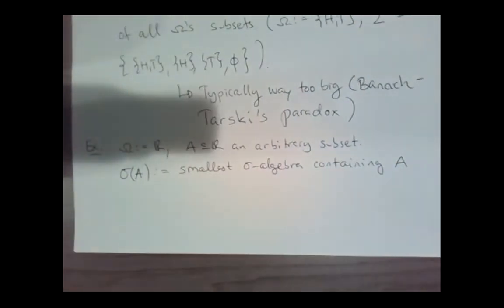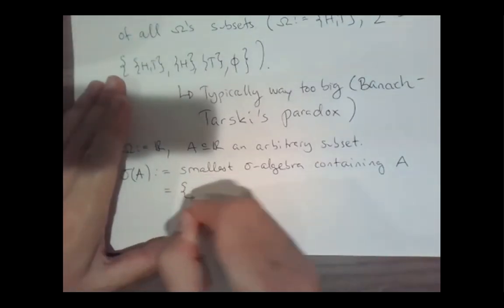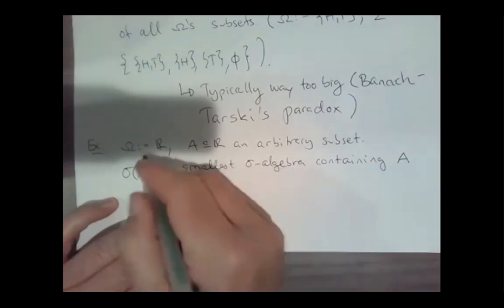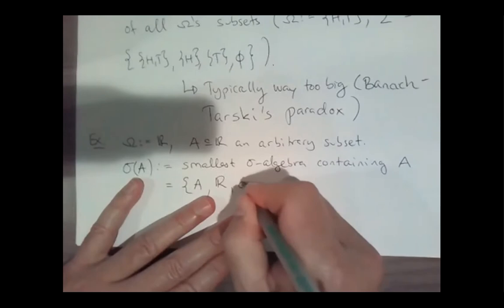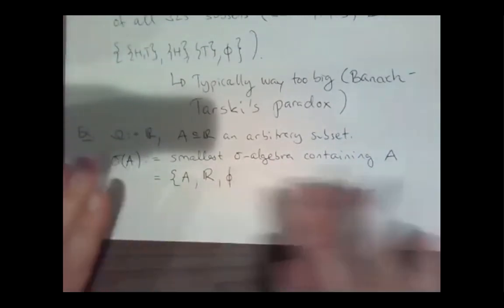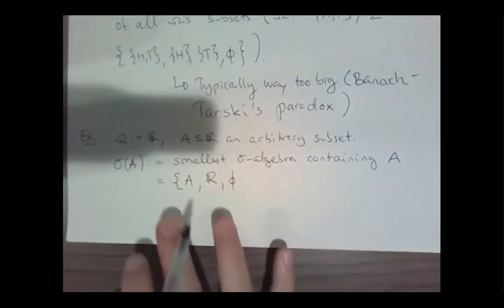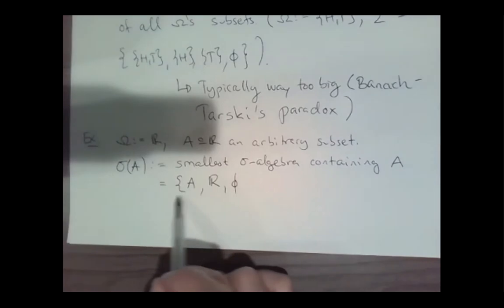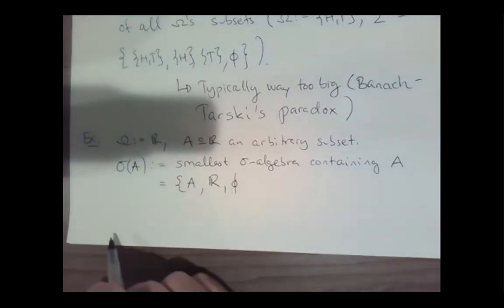Okay, so it's the smallest sigma algebra, so I need to have these three properties, and I need to have A in there. So how would I do that? Well, I would have to put A in there, and then I would have to put omega in there, and then I'll have to put the empty set in there. There's no debating whether or not these three sets should be elements inside the sigma algebra, but the question is, is this a sigma algebra by itself?